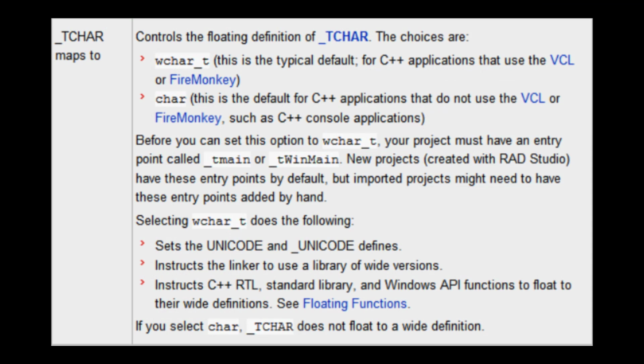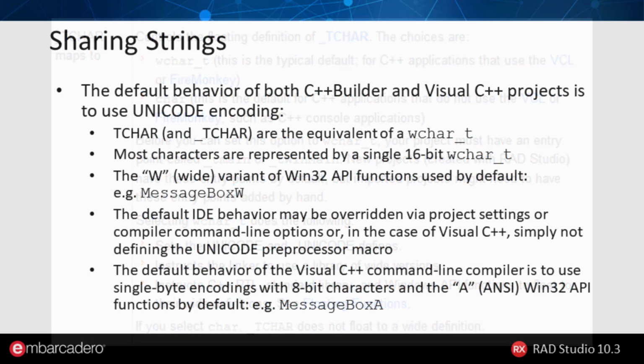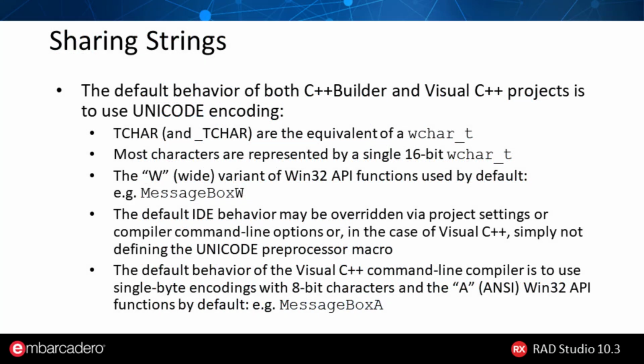When Unicode support is enabled in both environments, most characters are represented by a 16-bit wchar_t. Also, the wide variant of the Win32 API functions will be used by default, so MessageBox, for example, will point to MessageBoxW. The default IDE behavior may be overridden via project settings or command line options.